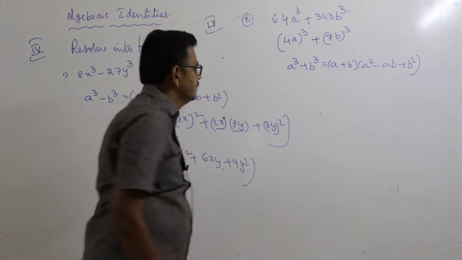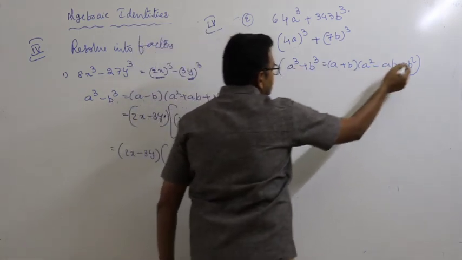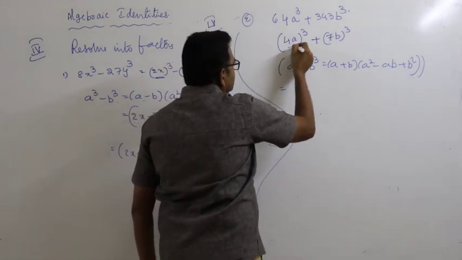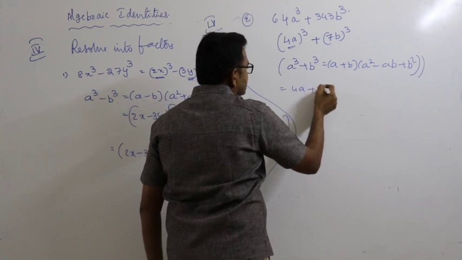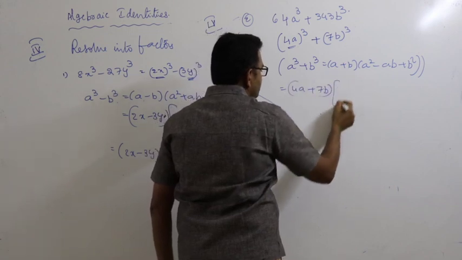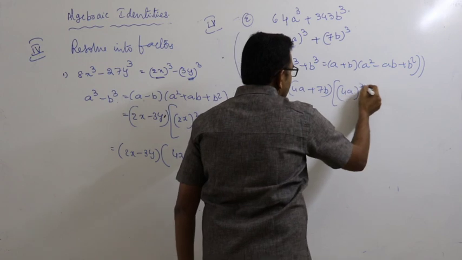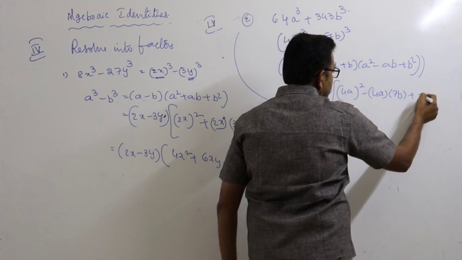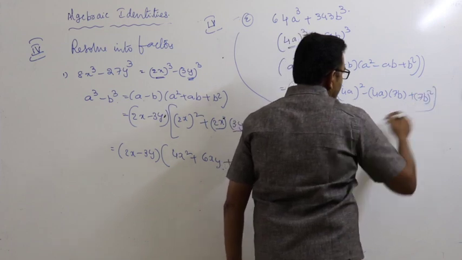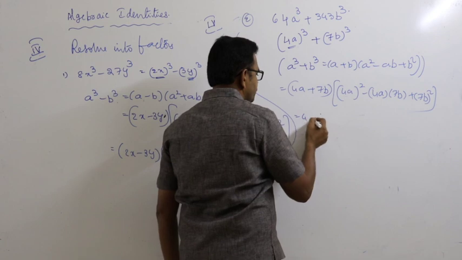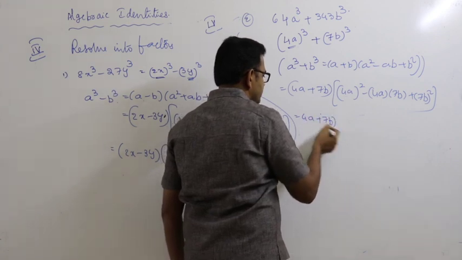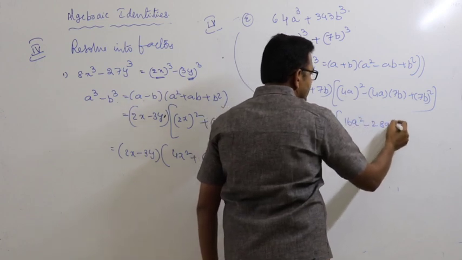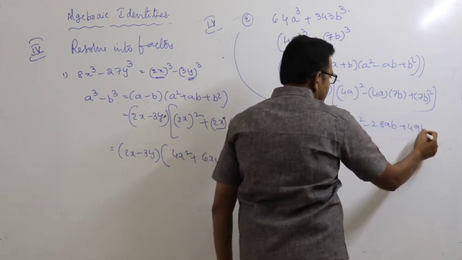So it is 4a plus 7b into 4a whole square minus 4a into 7b plus 7b whole square. So it is 4a plus 7b into 16a square minus 28ab plus 49b square.